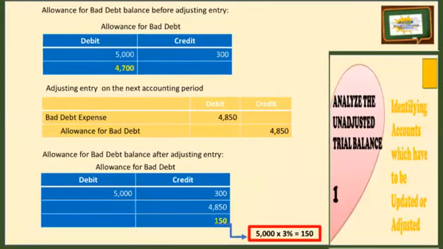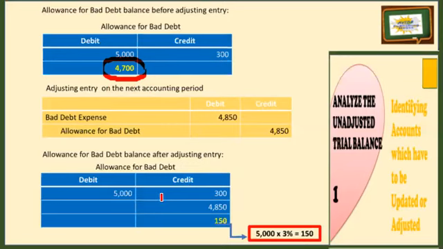So at the end of the period, but before recording the adjustment to allowance for bad debts, the allowance for bad debt account will have a debit balance of 4,700. The allowance for the period is said to be 3% of the accounts receivable.